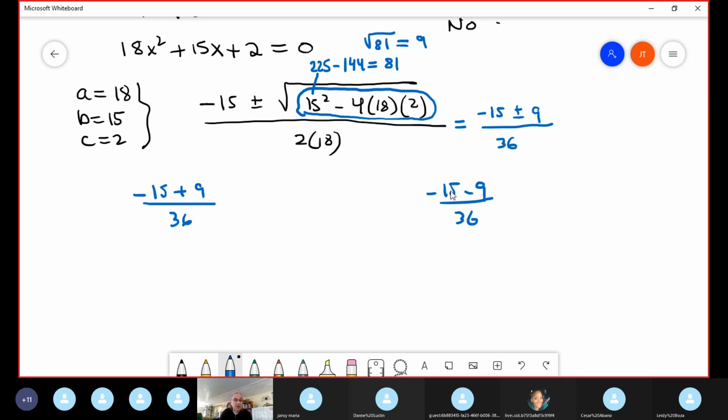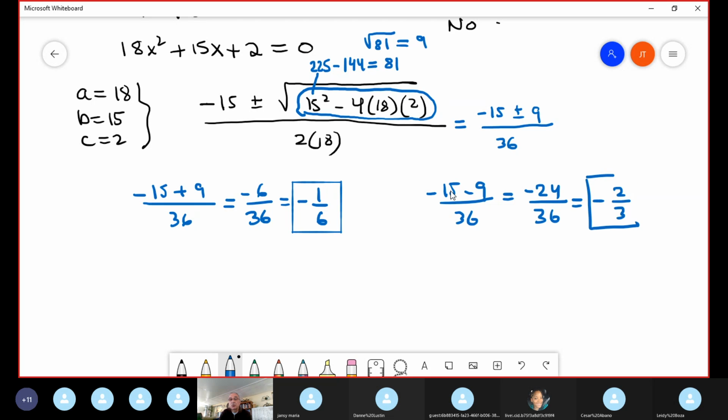Entonces now this is negative 6 divided by 36, reducing to lowest terms, is negative 1 over 6. It's my first solution. And my second solution is negative 24 divided by 36. You can reduce, yes, of course, divided by 12, top and bottom, is negative 2/3.